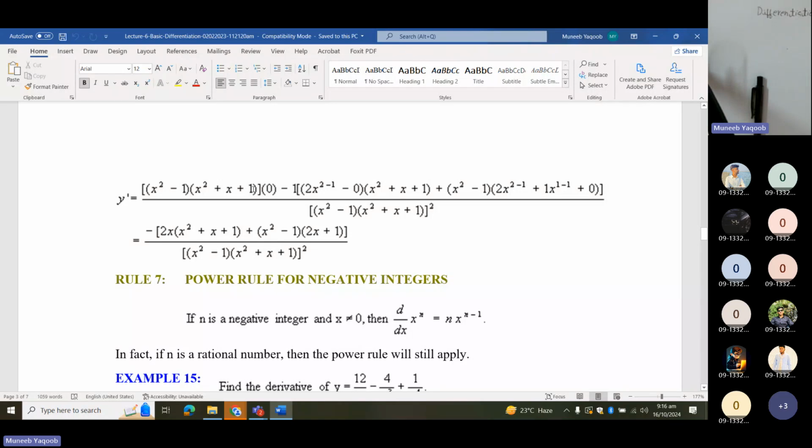So we will keep x squared plus x plus 1 as it is, and we will find the derivative of x squared minus 1, which will be 2 times x power 2 minus 1 minus 0. We will write plus, and then we will find the derivative of x squared plus x plus 1, which will be 2 times x power 2 minus 1 plus 1 time x power 1 minus 1 plus 0, and we will keep x squared minus 1 as it is.